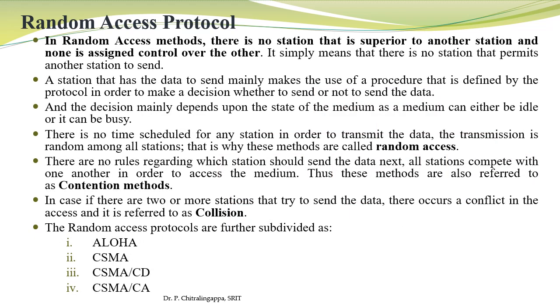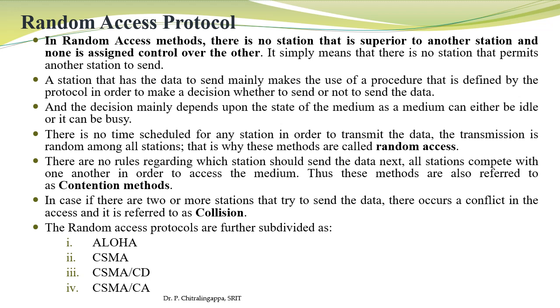Random access protocols are random access methods. There is no station that is superior to another station, and none is assigned control over the others. Any station randomly transmits data if data is available. If two or more stations try to send data, a conflict occurs in the access, which is called a collision.